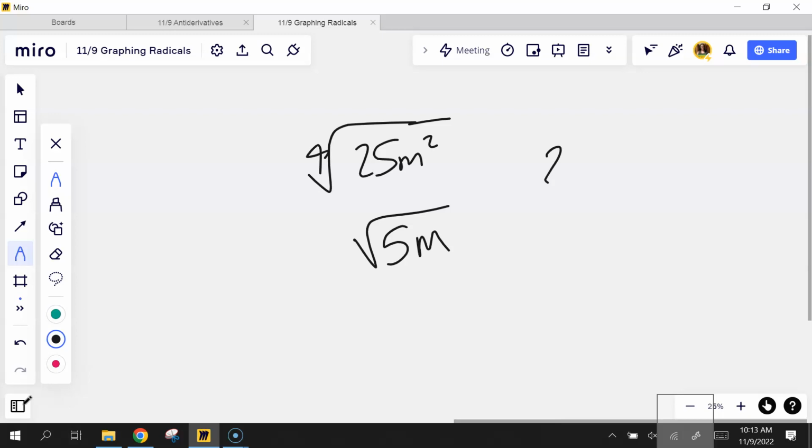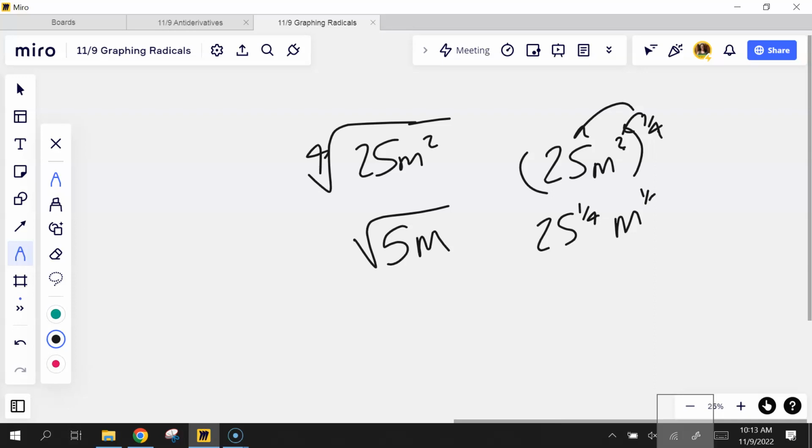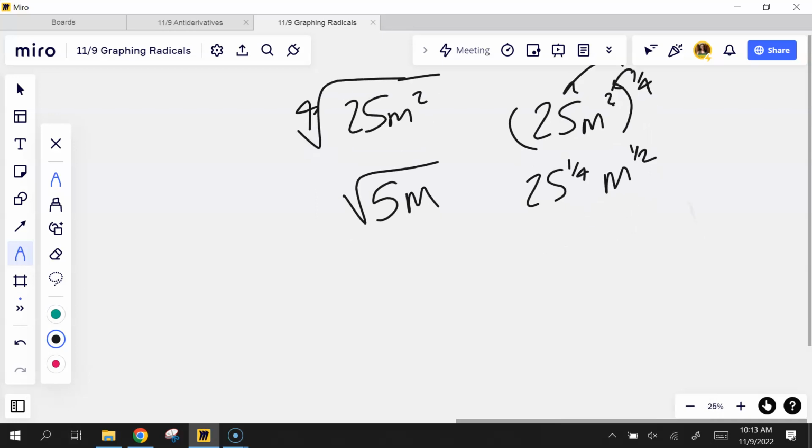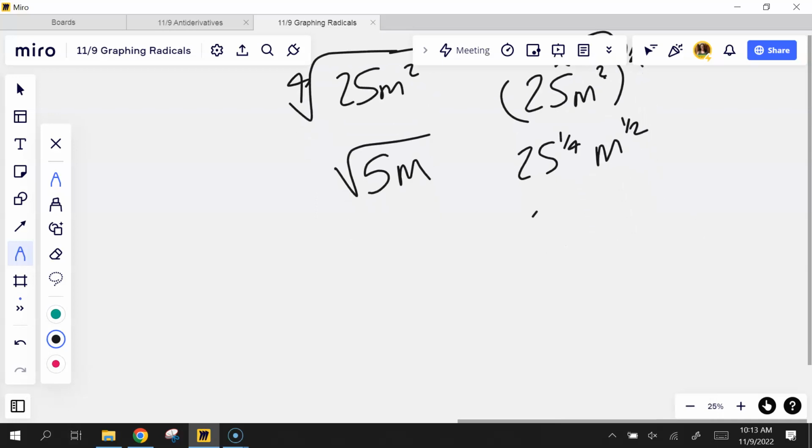So, okay, 25m squared to the 1/4. 25 to the 1/4. 2 times a fourth is a half, right? Well, then what you could do is say this is 25 to the 1/2 to the 1/2, right?